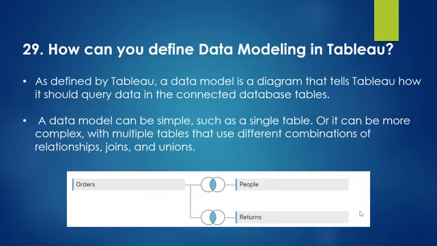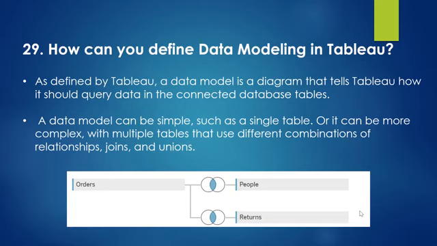Next we have how can you define data modeling in Tableau. So as defined by Tableau, a data model is a diagram that tells Tableau how it should query data in the connected database tables. And as you can see, for example, a data model can be simple, for only one table, or it can be complex with multiple tables that use different combinations of relationships, joins, and unions.